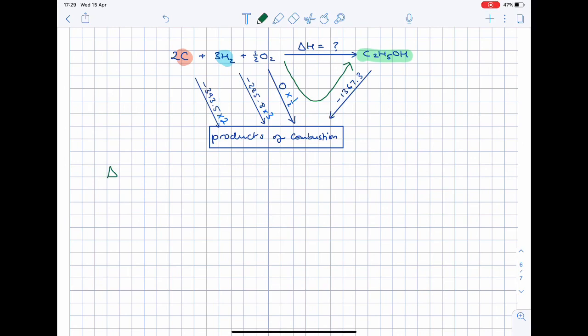So delta H is going to be that, which is going to be, so plus minus 393.5 times 2. So it's plus because I'm going with the flow of the arrow. Okay, so with the flow of the arrows, that's plus minus 285.8 times 3.